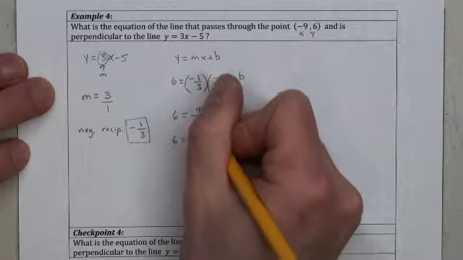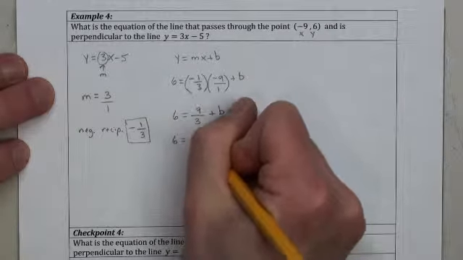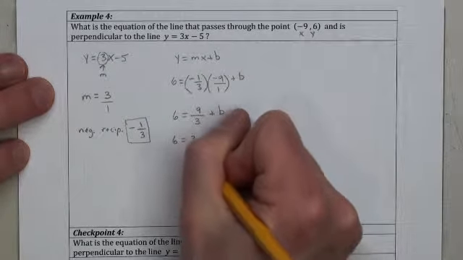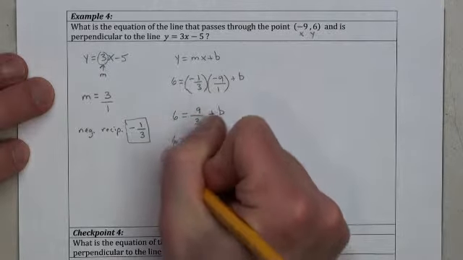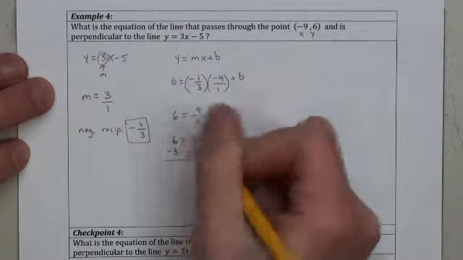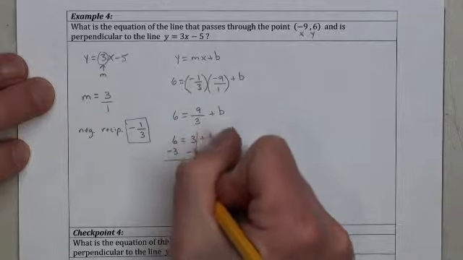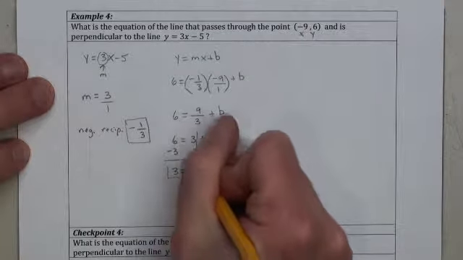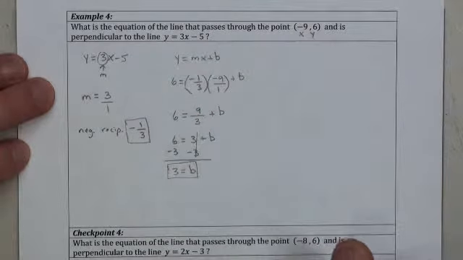So 6 equals, 9 divided by 3 is 3, plus b. Subtract 3 from both sides, and b equals 3. That's the second piece of information that we need.